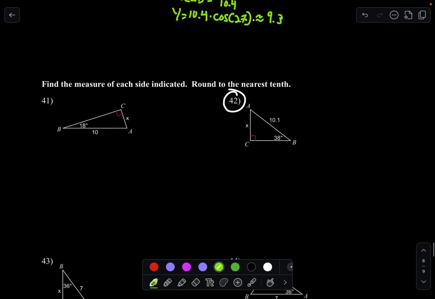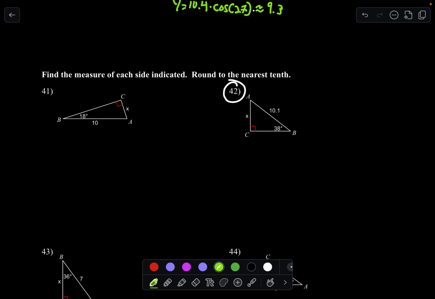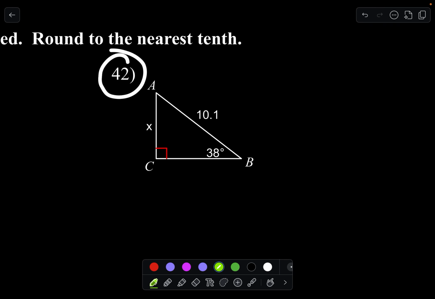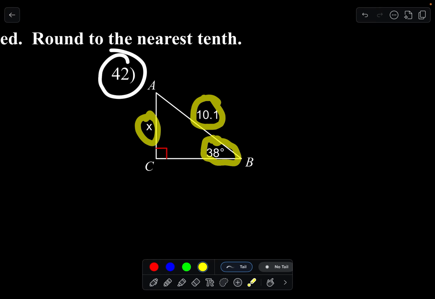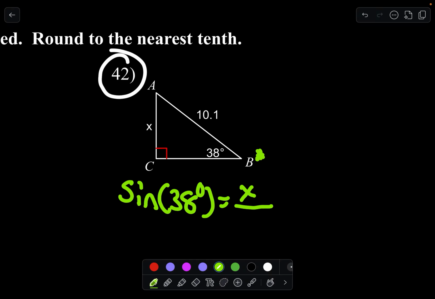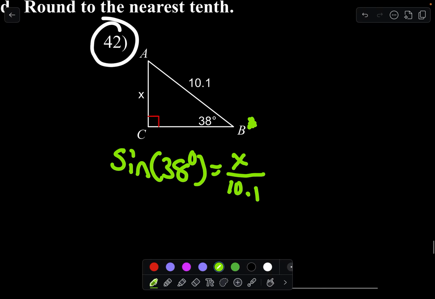That was 40. 42 says find the measure of each side indicated. So round to the nearest tenth. They want you to figure out what x is, given the fact you know the hypotenuse and this angle here. This angle is opposite the thing we're looking for, and they gave us the hypotenuse, so I'm going to use sine. Sine of 38 degrees, again I'm focused right there, is equal to x, the opposite side, over 10.1.